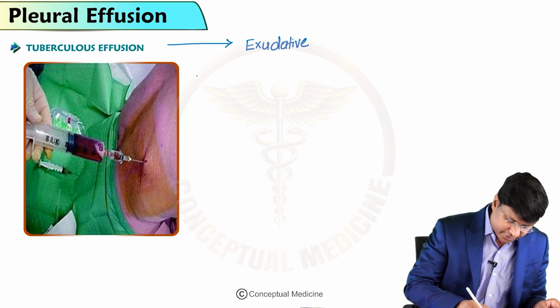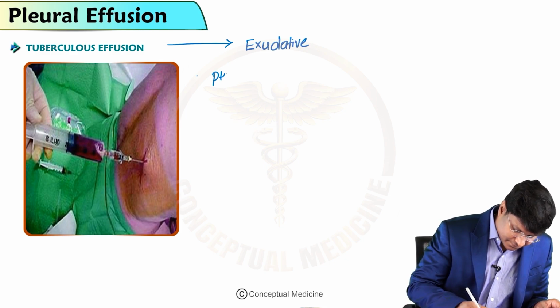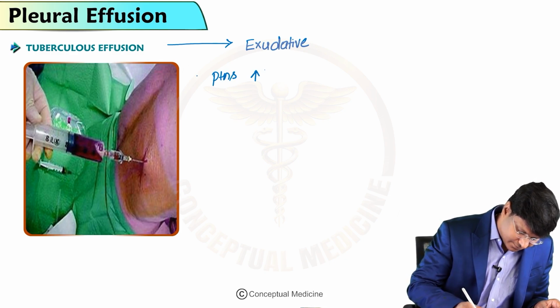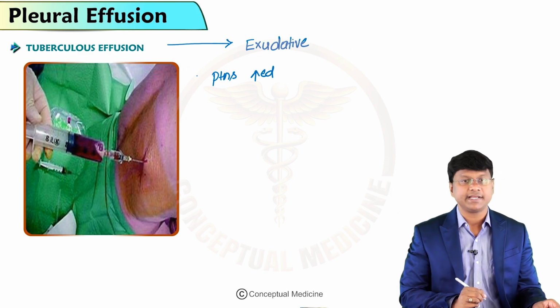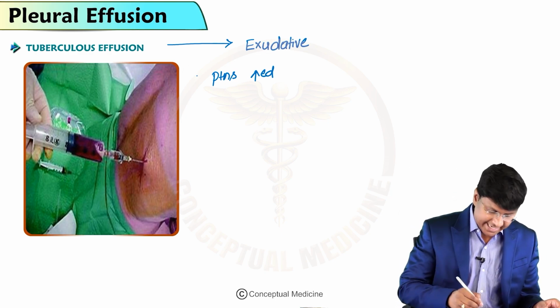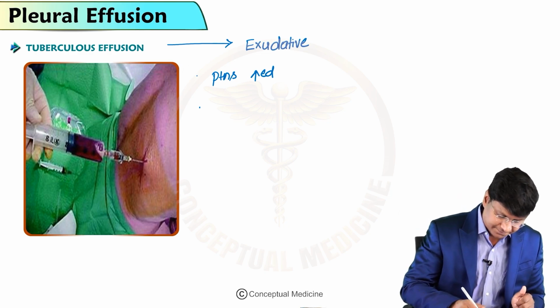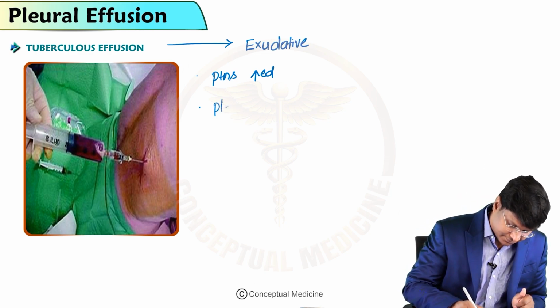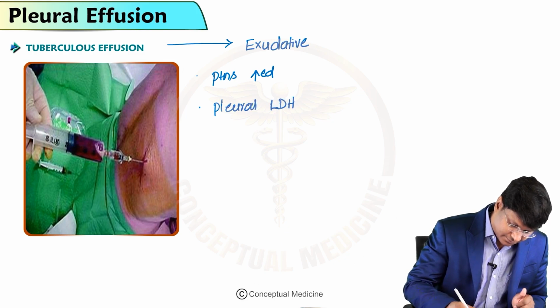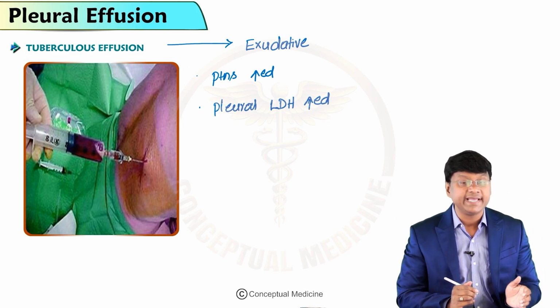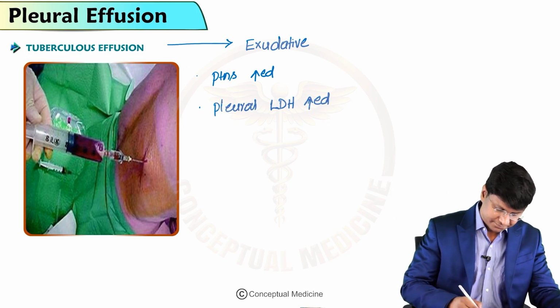And in tuberculous pleural effusion, the proteins are increased. The pleural LDH is increased.